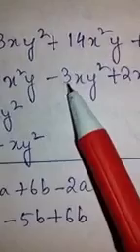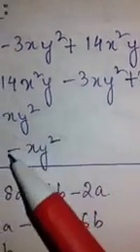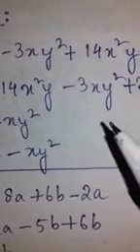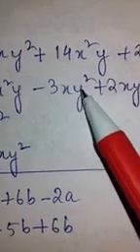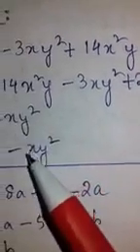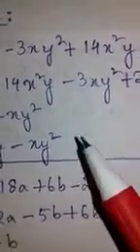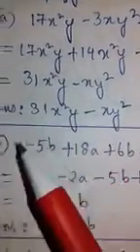Why? Because you know that minus 3 plus 2 is minus 1. So, minus 1x square y, which ultimately means minus x square y, minus xy square. Minus 3xy square plus 2xy square means minus 1xy square, which ultimately means minus xy square. So, this is your final answer.